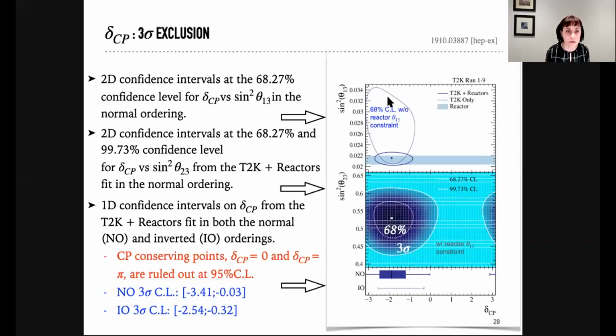I just mentioned other constraints, like, for instance, the sector with the 1-3 angle, because here you can see that this is the reactor constraint, because that is measured from another detector, not from, well, also from the long baselines, but we use the most precise measurements from reactor experiments. But anyway, here we got delta CP, or at least we got our best estimate so far of delta CP.